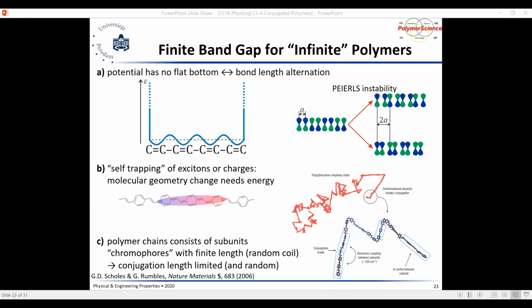But it's clear that the extent of conjugation, which we have said many times now, affects the optical and electronic properties, so how absorption and transport, which we haven't talked about yet, occur is intimately dependent on the structure of the molecule we have.